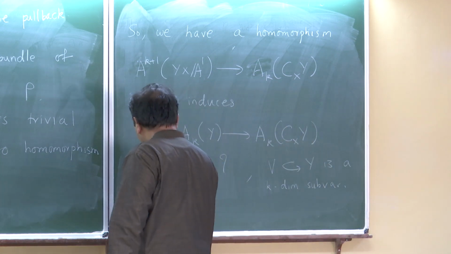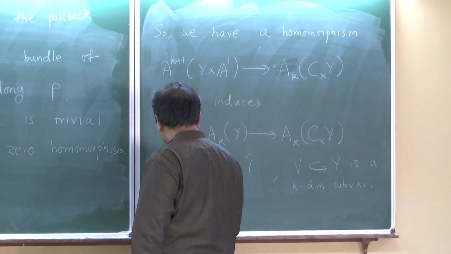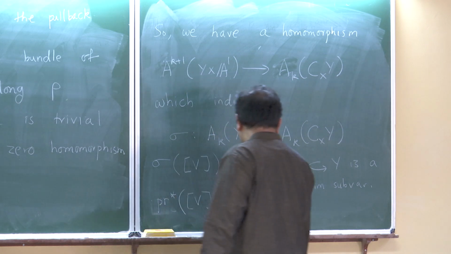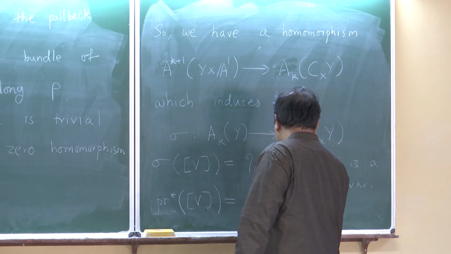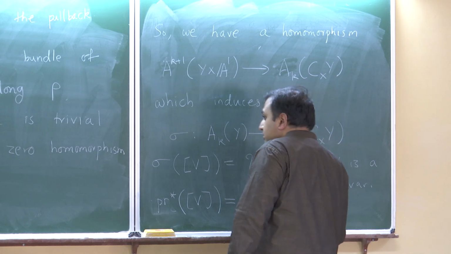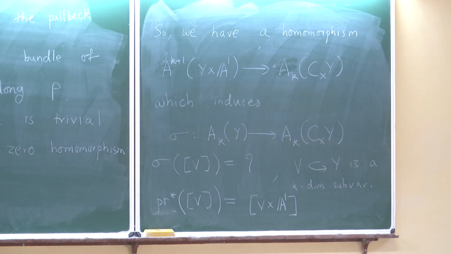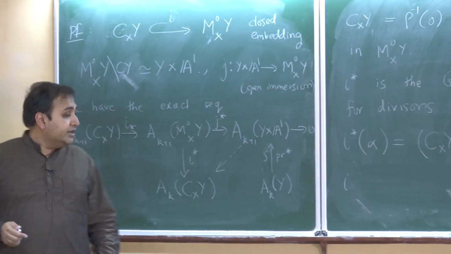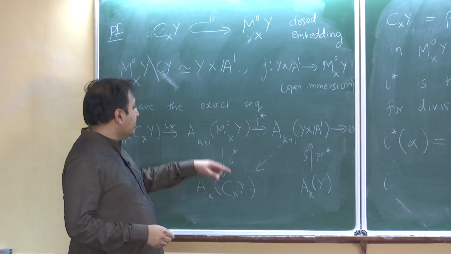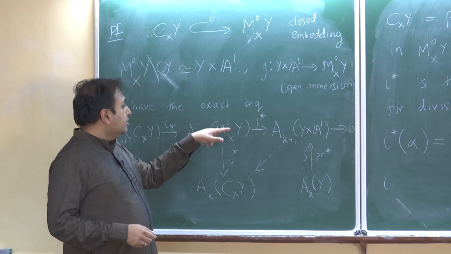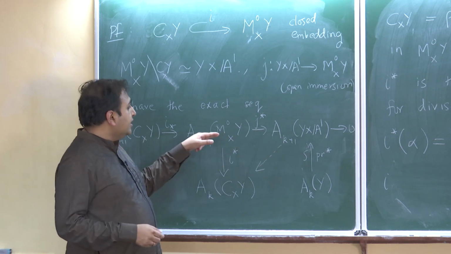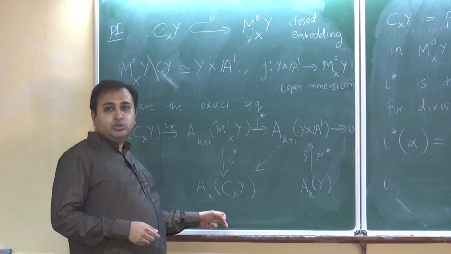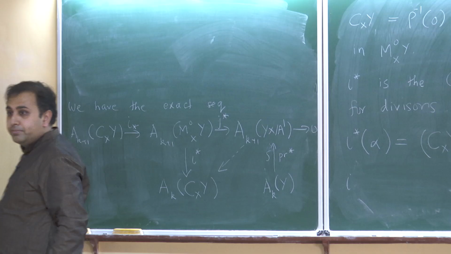The pullback along the projection of V is equal to V cross A1. When I pull back, I've got V over here, and when I go up here, I just get V cross A1. So how do I construct this map? Pick anything over here that under j upper star maps to V cross A1, and then take its image over here.